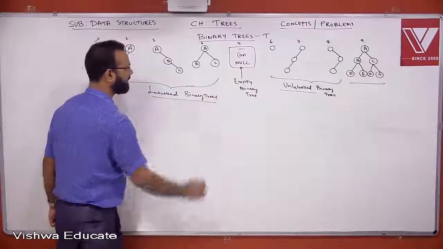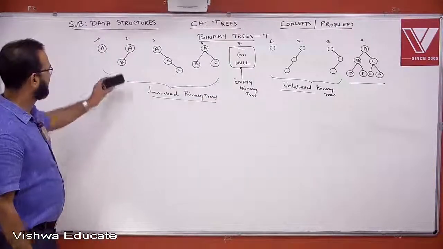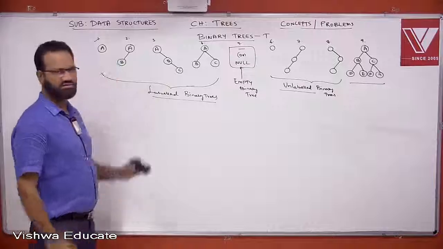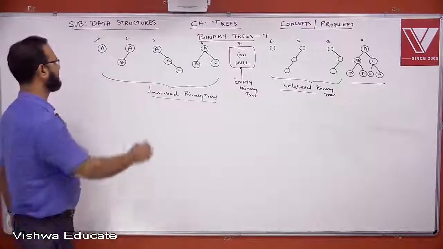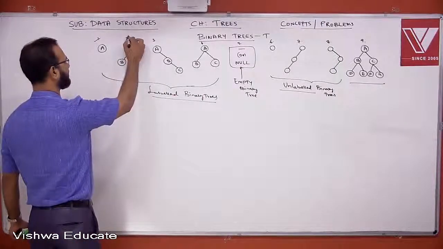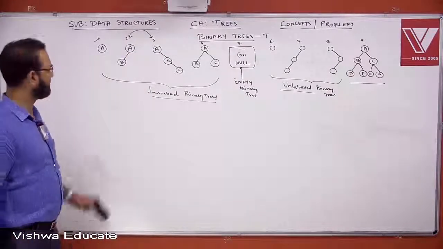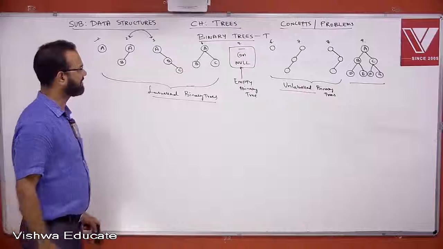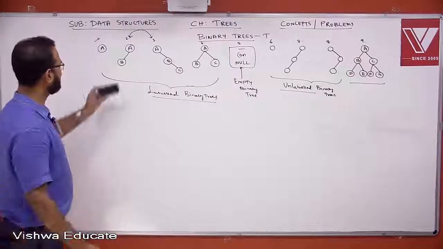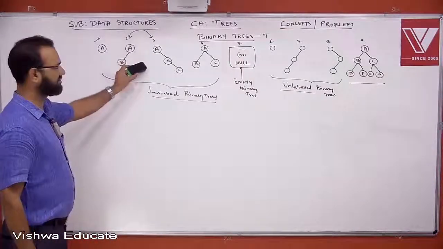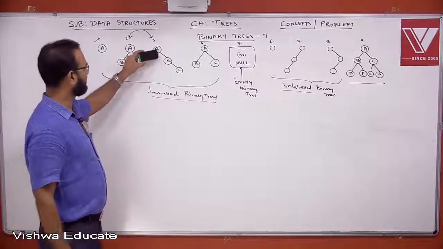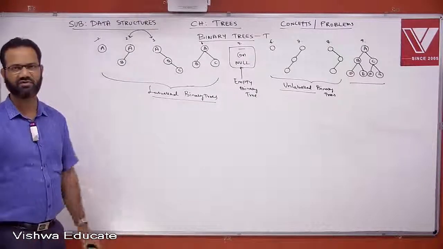Now, see the differences. Among labeled trees there is also a difference. Is there any difference between 2 and 3? Yes, there is a difference between 2 and 3. It says that there is no right child for the root node. There is no left child at all for the root node.